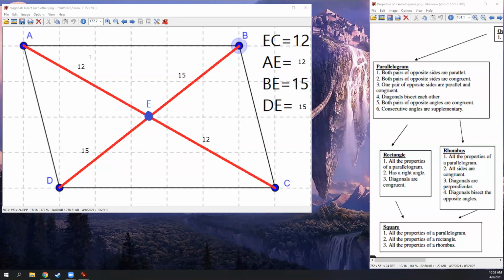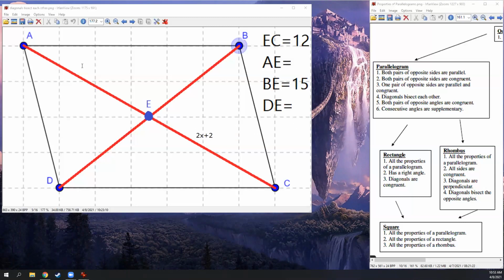I say that because you're going to get a lot of algebra in these questions. For instance, let's say EC wasn't 12. Let's say EC was 2x plus 2.